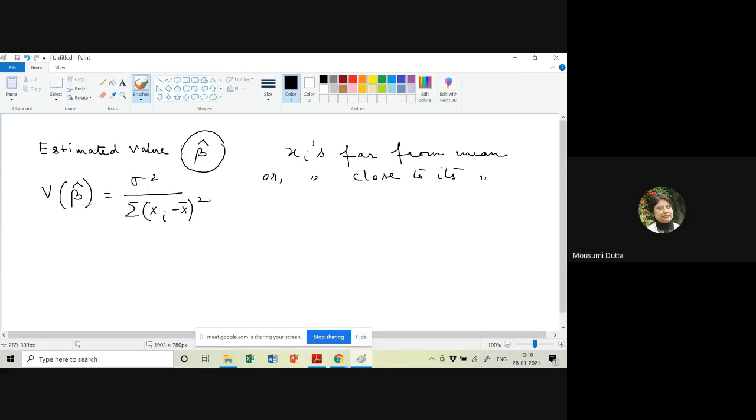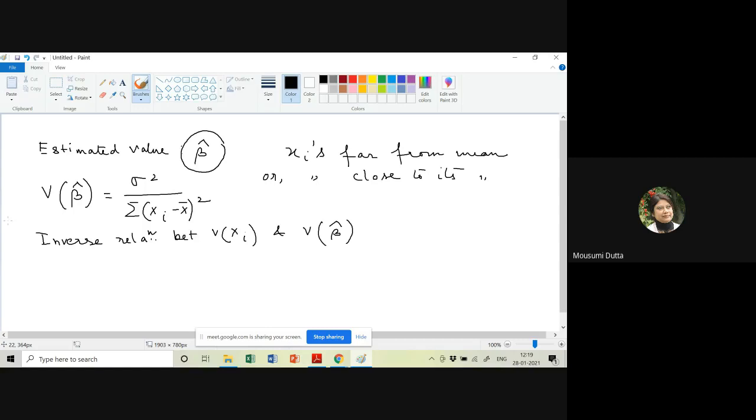So remember that there is an inverse relation between the variance of xi and the variance of beta hat.